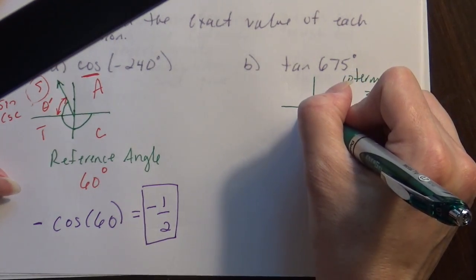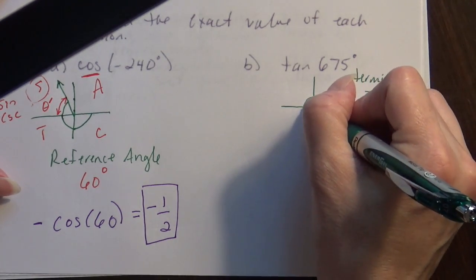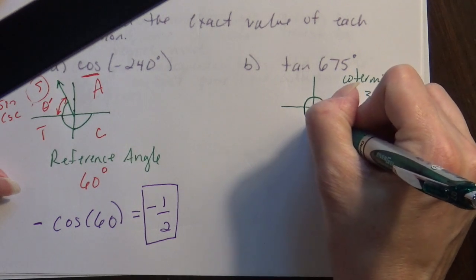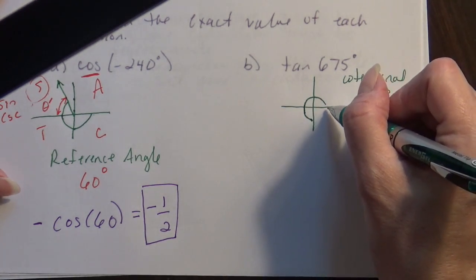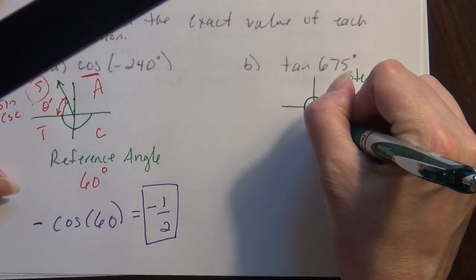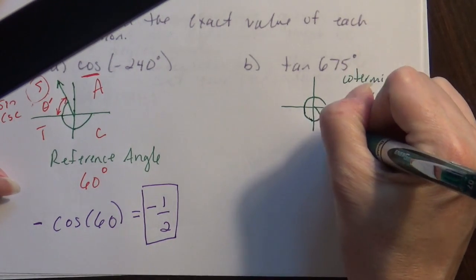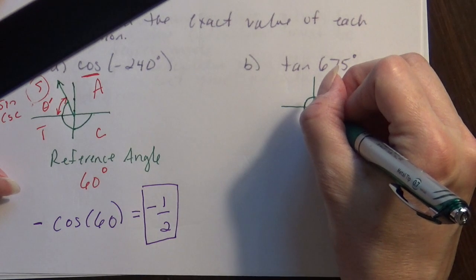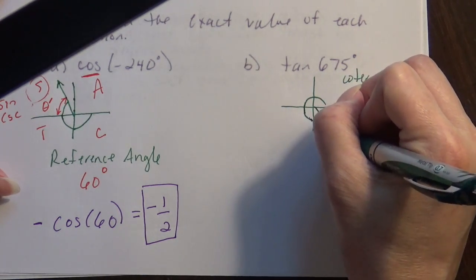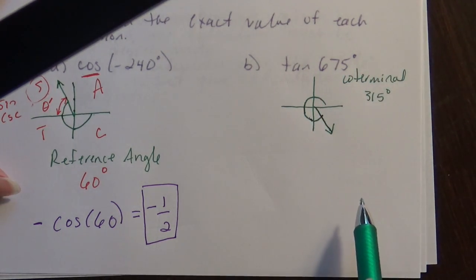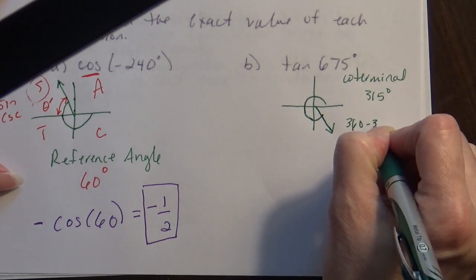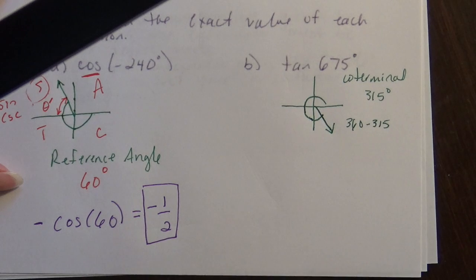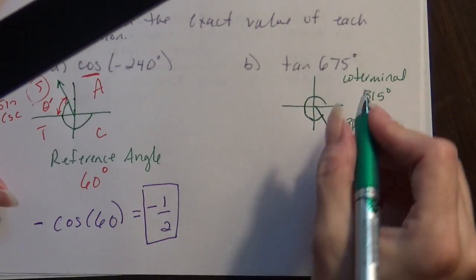It goes all the way around. This one's positive, so we're back to counterclockwise again. That's going to be 270, and back up here would be 360. We want 315, so we're going to be somewhere in the middle in here. What's our reference angle? If we do 360 minus 315, that's going to give me 45 degrees.